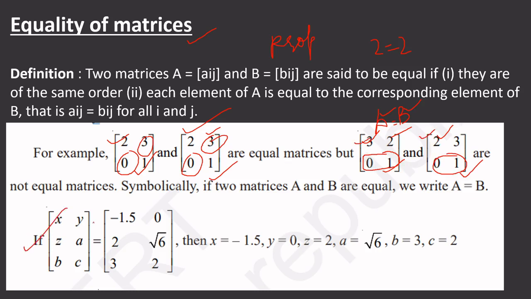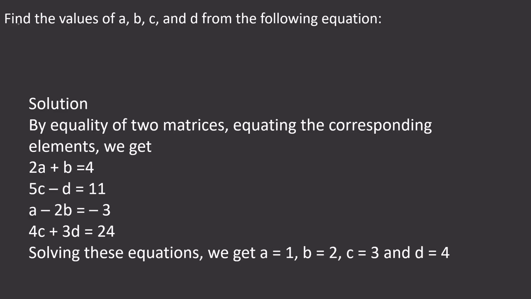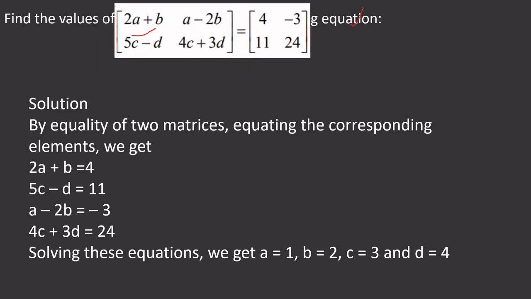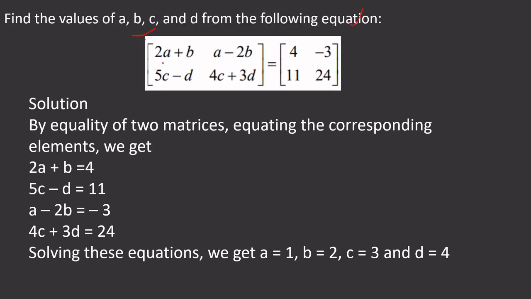And this is a type of example with x and y. Now calculate x: x is equal to 1.5, y is equal to 0. That's simple. Starting with some questions, like find the value of a, b, c in the following equation. This is the equation: 2a plus b, a minus 2b, 5c minus d and 4c plus 3 is equal to the matrix 4, 11, minus 3, 24.